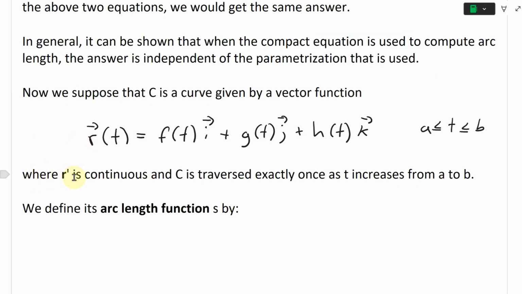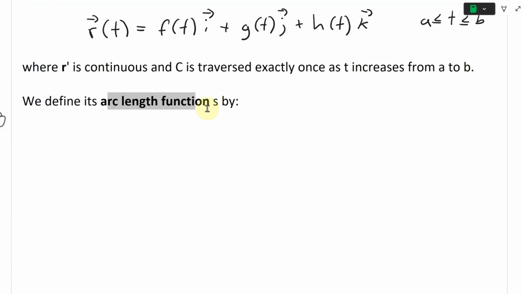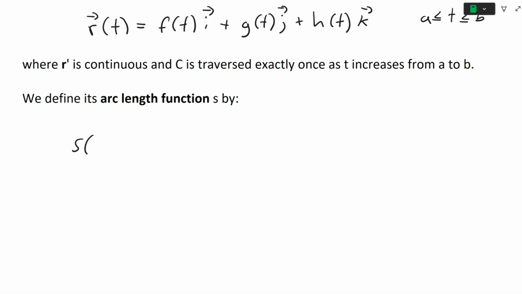And where r prime is continuous, so the derivative is continuous, and C is traversed exactly once as t increases from a to b, then we define its arc length function s. As opposed to the full arc length, we're doing s up to a certain point t, and we'll call this s of t.